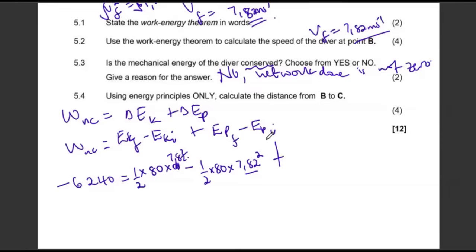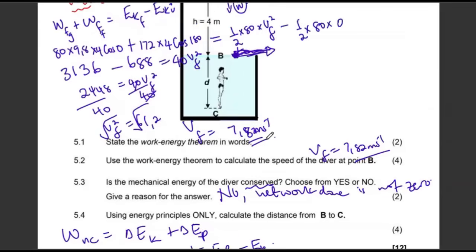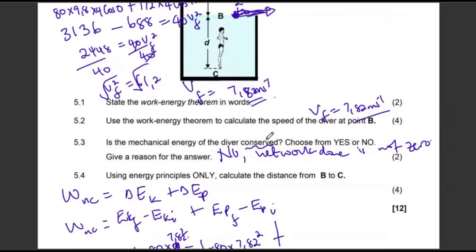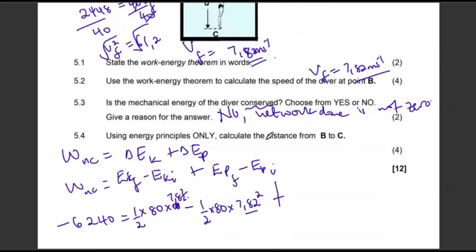Now, if I take it from B, my final is going to be the mass multiplied by the 9.8 and the displacement. So which displacement are we talking of? Is it going to be a D?